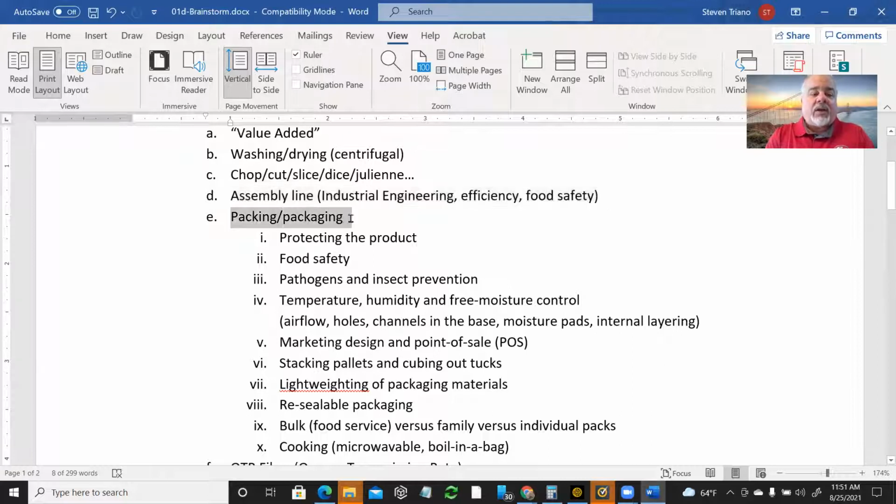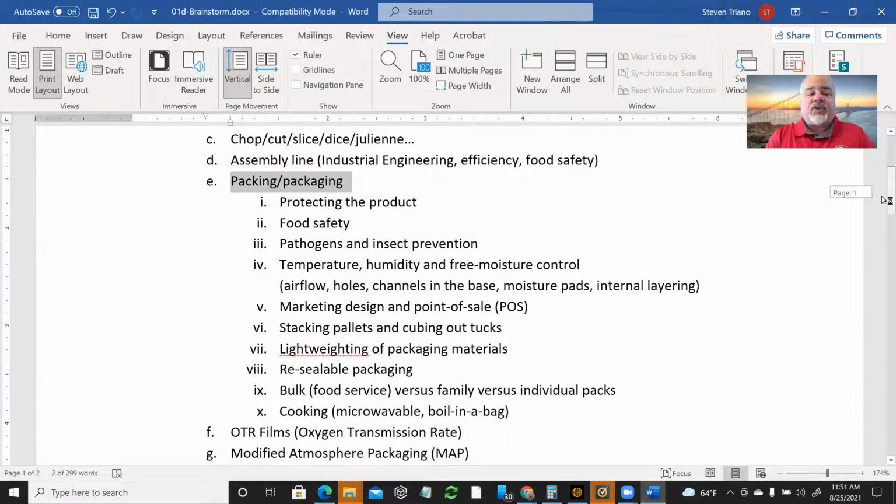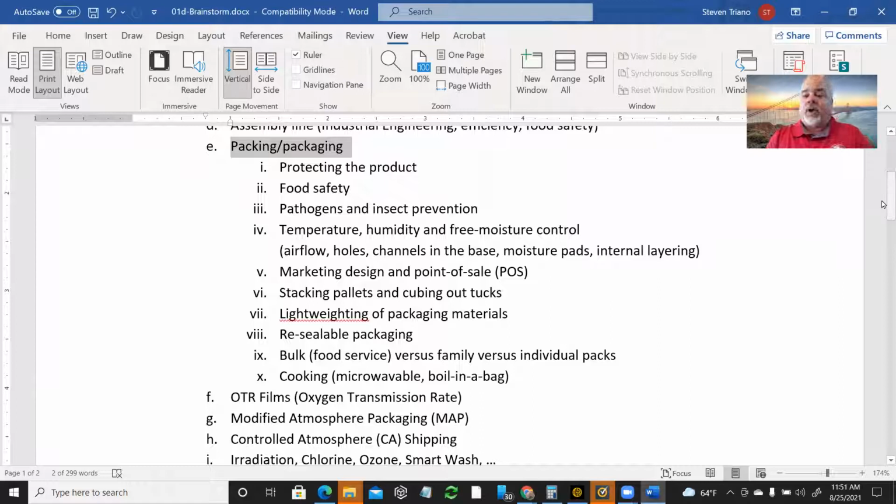And then packaging. Packaging has to fulfill a number of requirements. It has to protect the product from the environment. It has to enhance or provide for the food safety requirements. It has to keep pathogens to a minimum, which is part of food safety, but also insects from getting to the product.